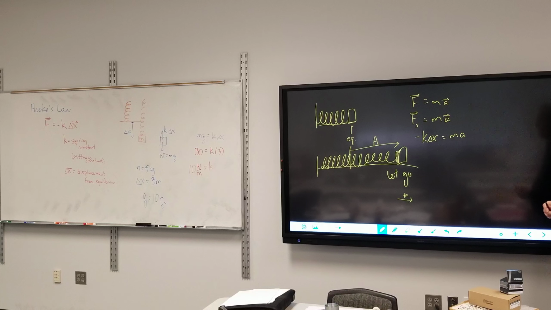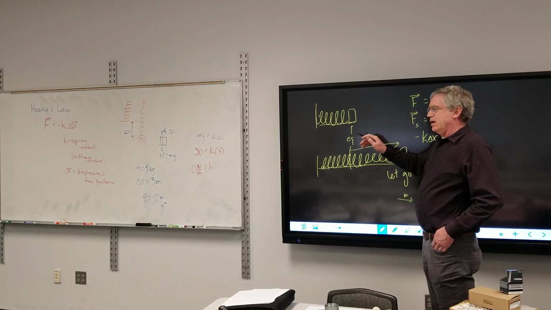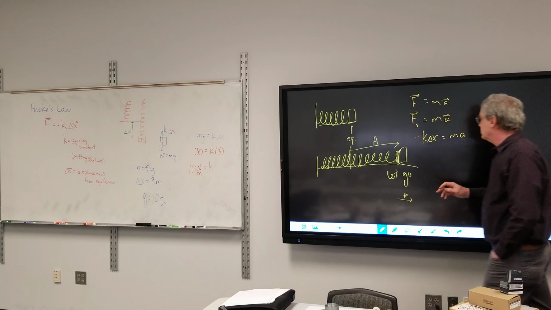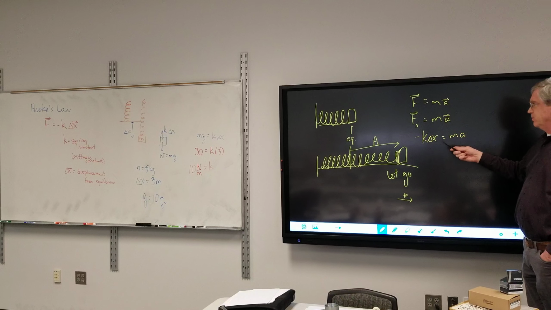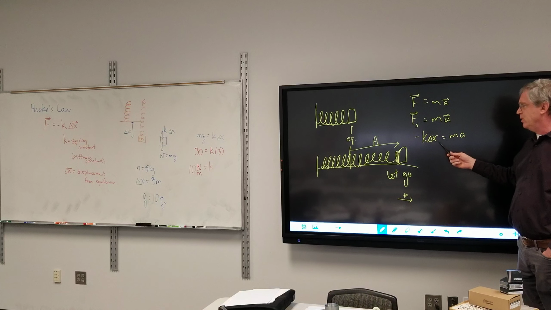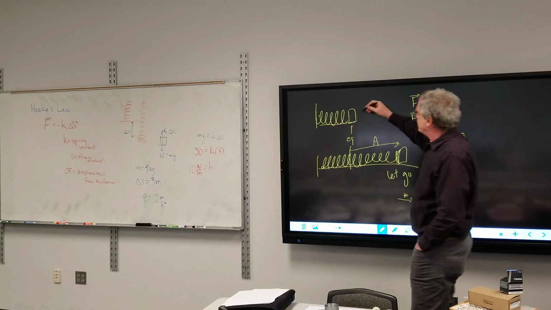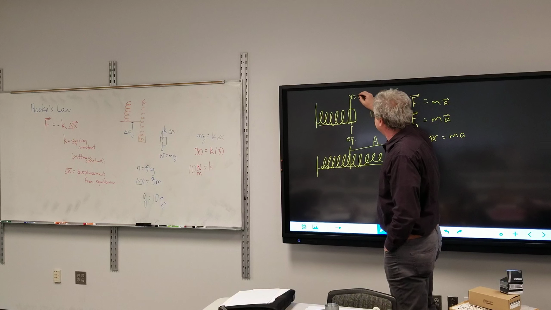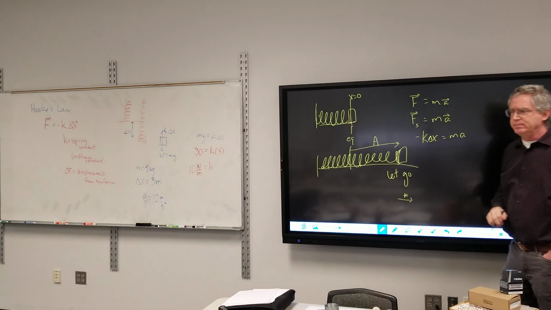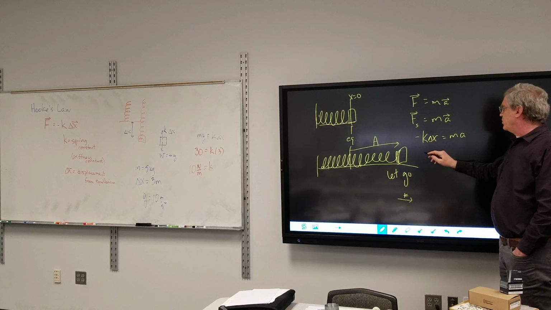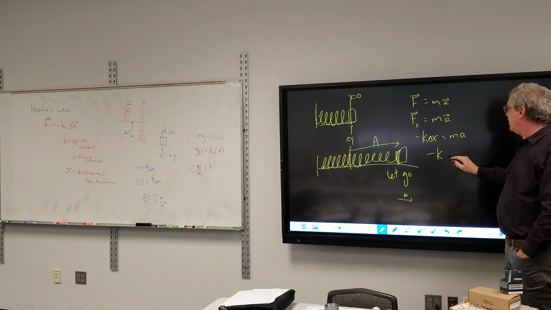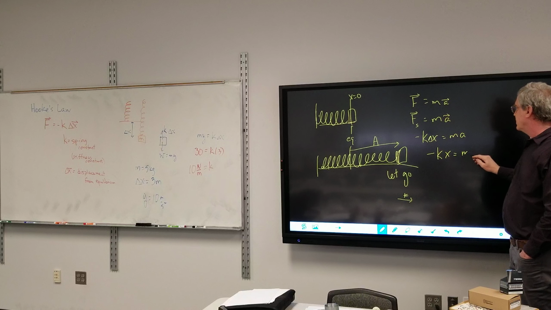Well, if we think about that, if I just go ahead and simplify it, it does work. And if there's a video out there where I go through a more detailed example, I'm just going to go ahead and set x equal to 0 here, just to make life simpler. So this now becomes negative kx is equal to mass times acceleration.